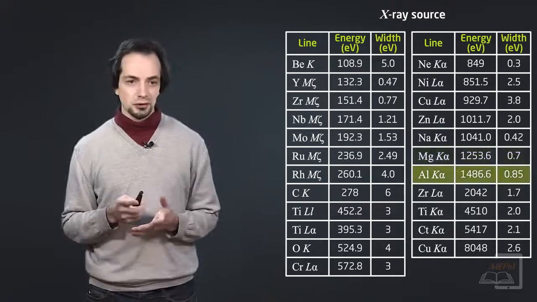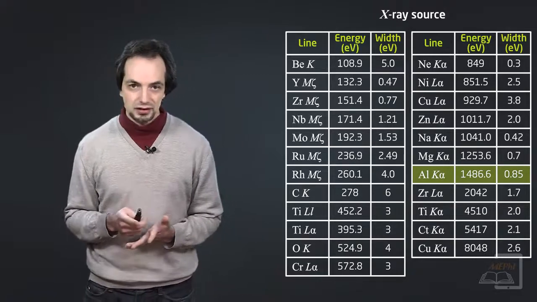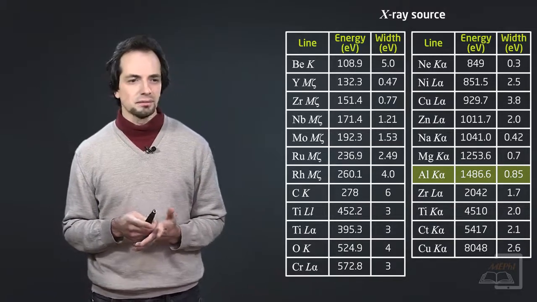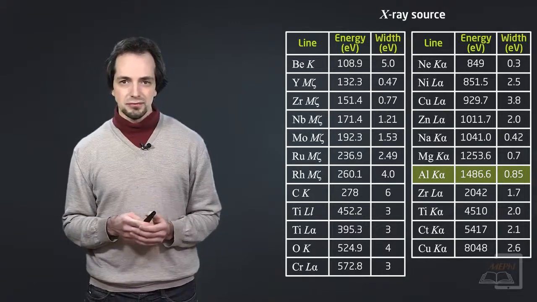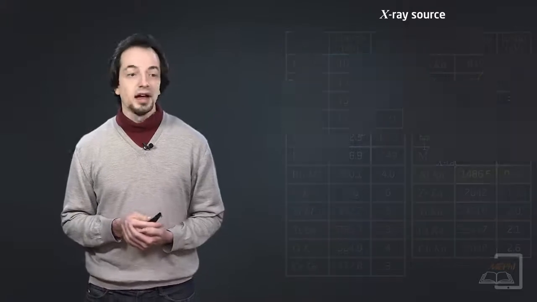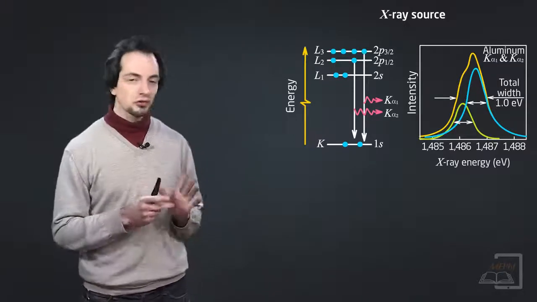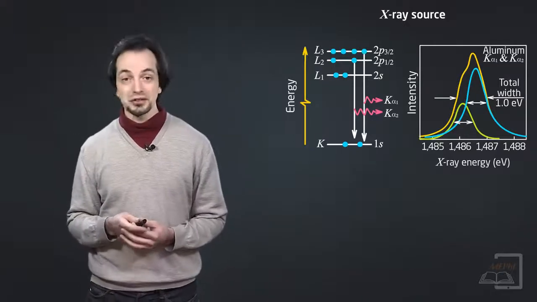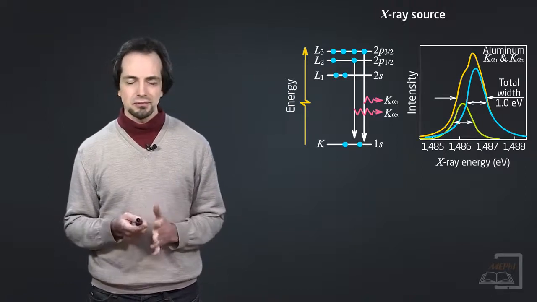Mostly aluminum cathodes are used. They have an energy of the K-alpha line of about 1.5 keV, and it's very narrow. That's the greatest feature of that. Actually, there are two lines there, K-alpha 1 and 2, but they are so close together that they are not resolved most of the time. And the width is about 1 eV.